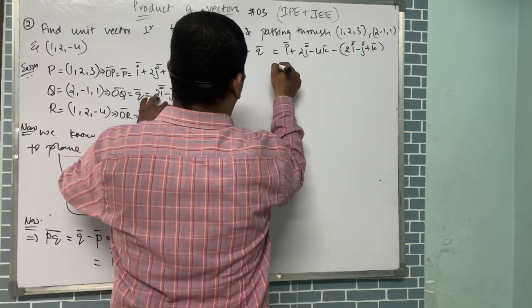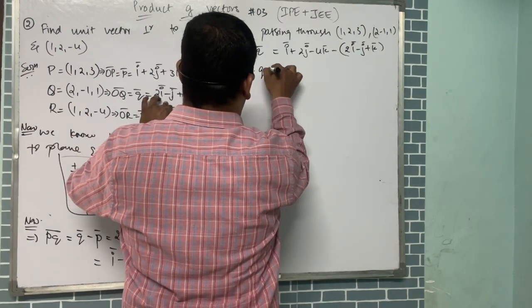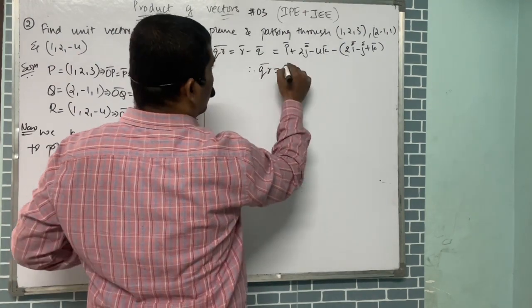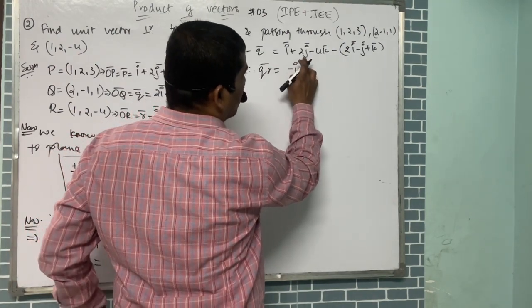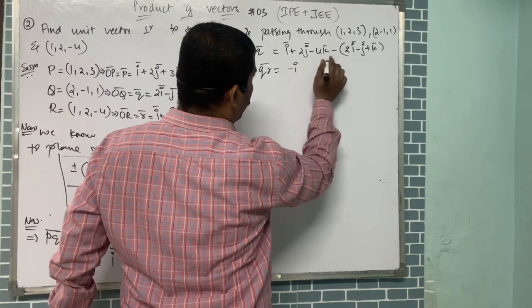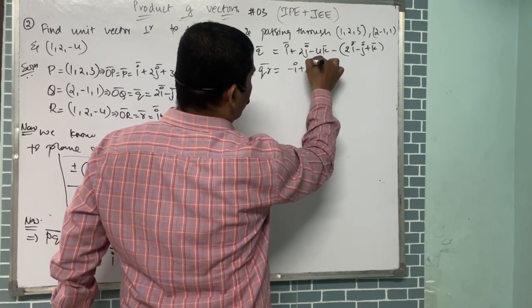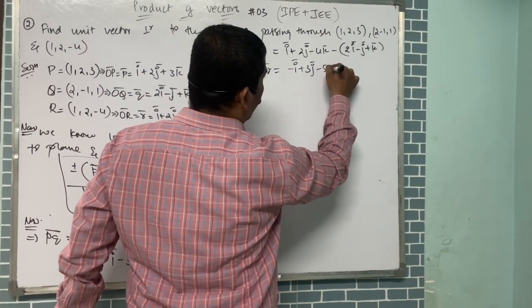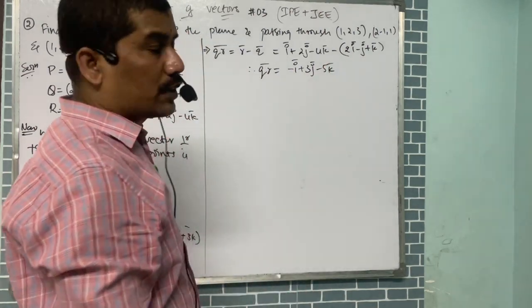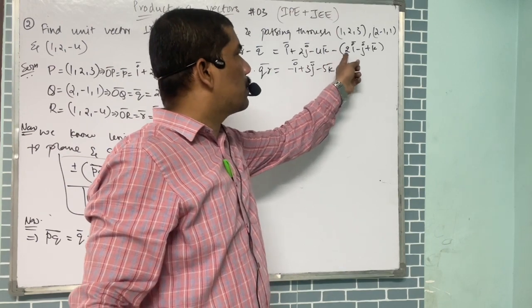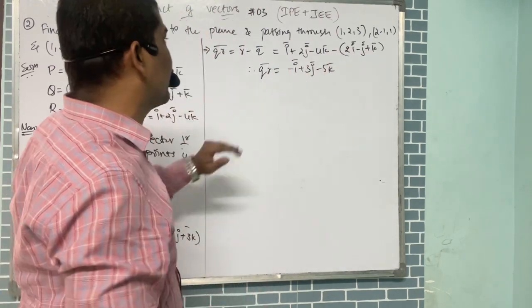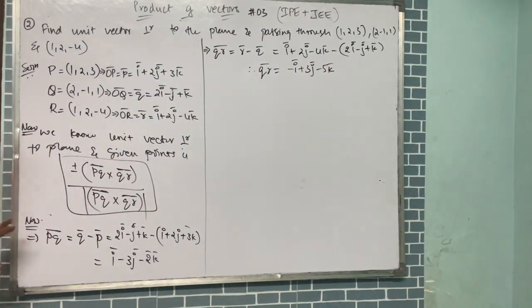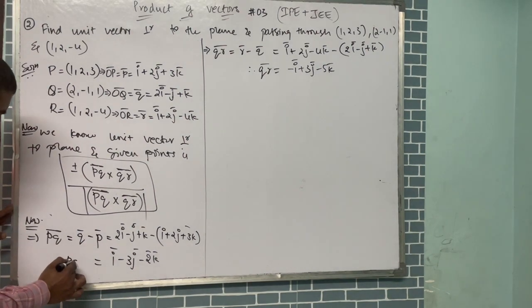If I solve this, QR will be i minus 2i is minus i, 2j plus j is plus 3j, minus 4k minus k is minus 5k. If you are getting confused, open the bracket with proper signs and solve it. You will get the same answer. So we got PQ and we got QR.